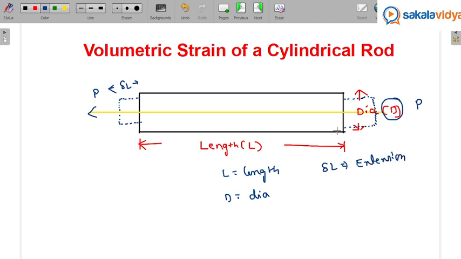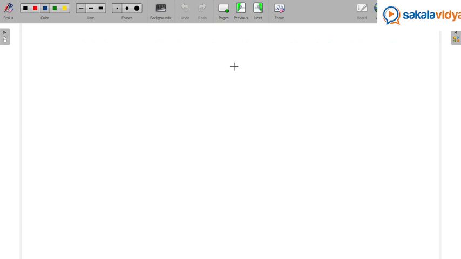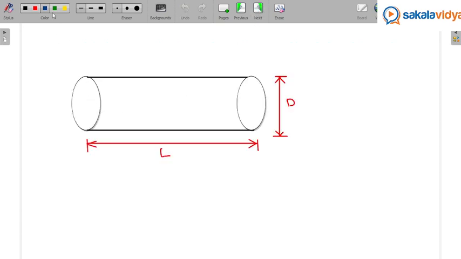If you correlate this with our previous model, there will be a decrease in its diameter, where delta D is nothing but the change in dia. So for example, if this is a cylindrical rod, on this rod I want to apply an equal tensile load.